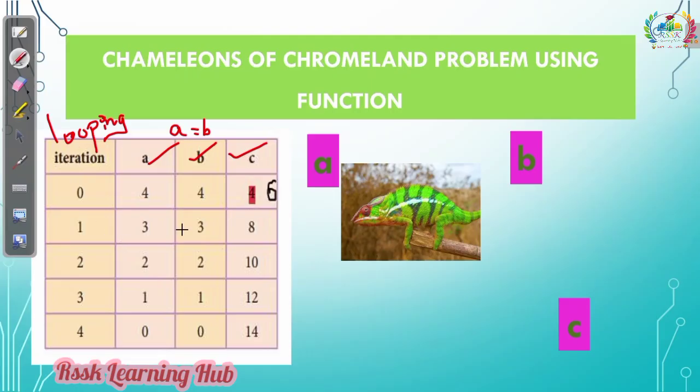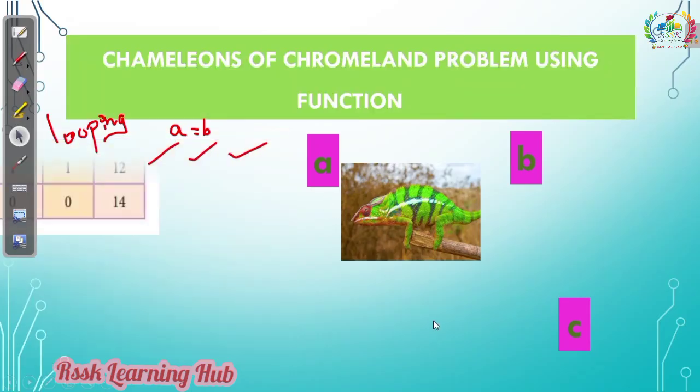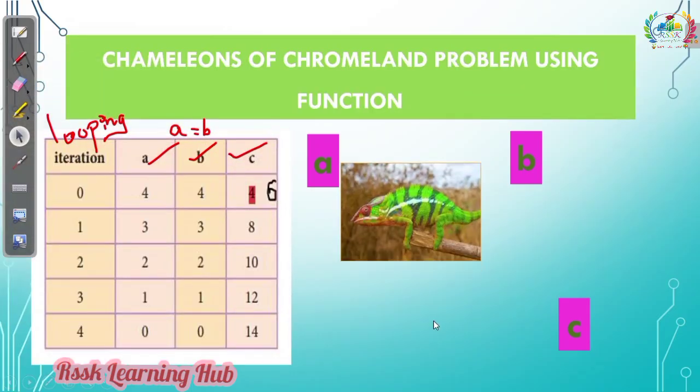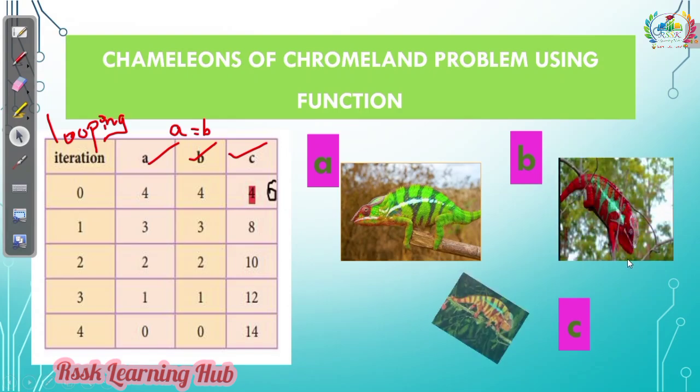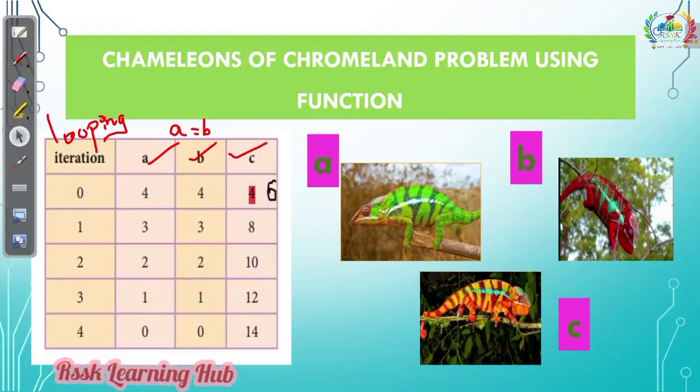Okay, so now consider this one. I'm taking green color as A. This is your chameleon. Green color as A, red as B, and the color of your output C as yellow.